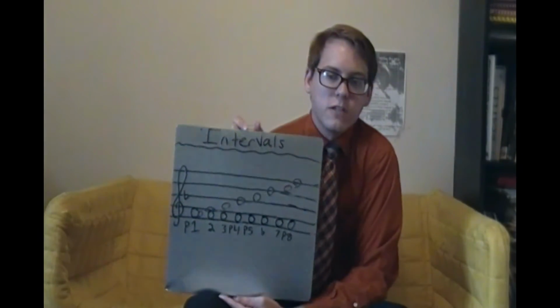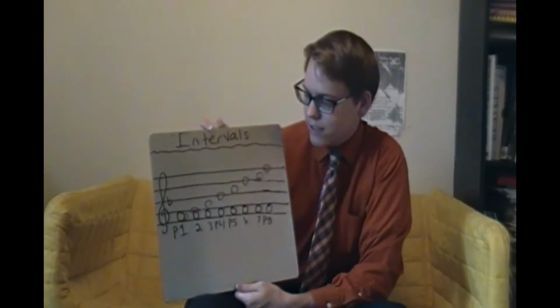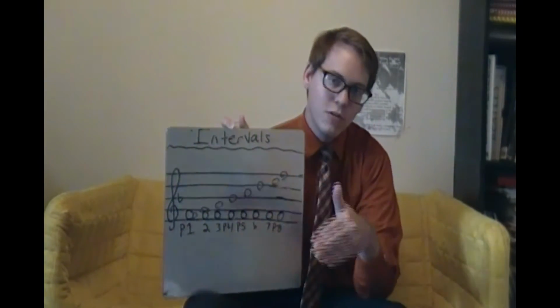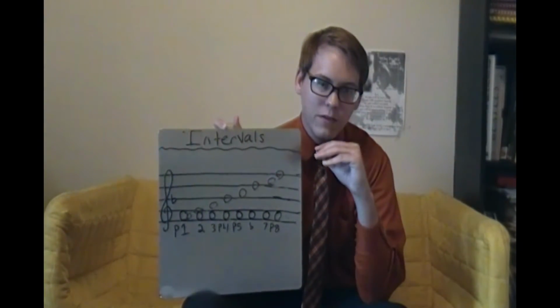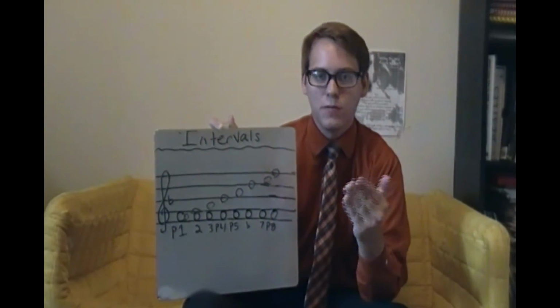Now, how do we determine if something's minor or not? Well, we talked about this a little bit in our video on the minor scale. The minor is going to be, if we take those notes and we flatten them. So if we give them a flat symbol that lowers it a half step, that makes the interval minor.